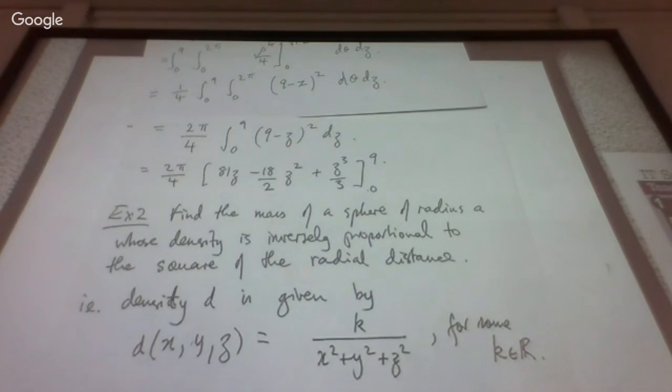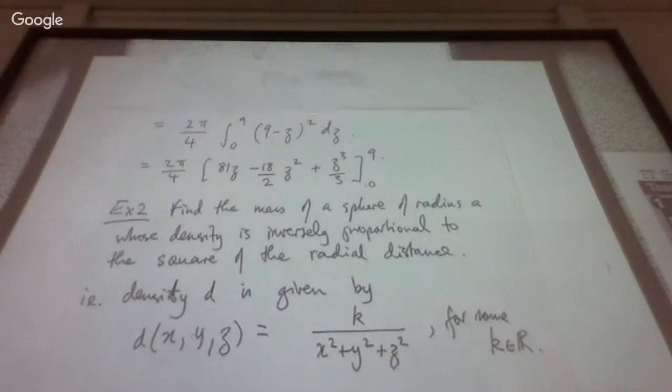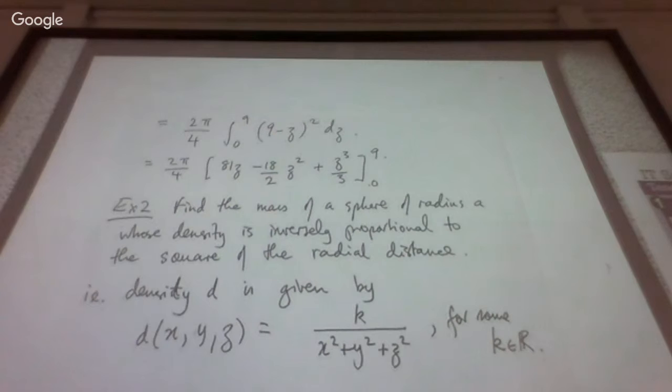It being proportional to the inverse square of the radial distance is quite important. That's how the force of gravity works. Strength of the gravitational force is inversely proportional to the square of the radius. So it's an important concept.